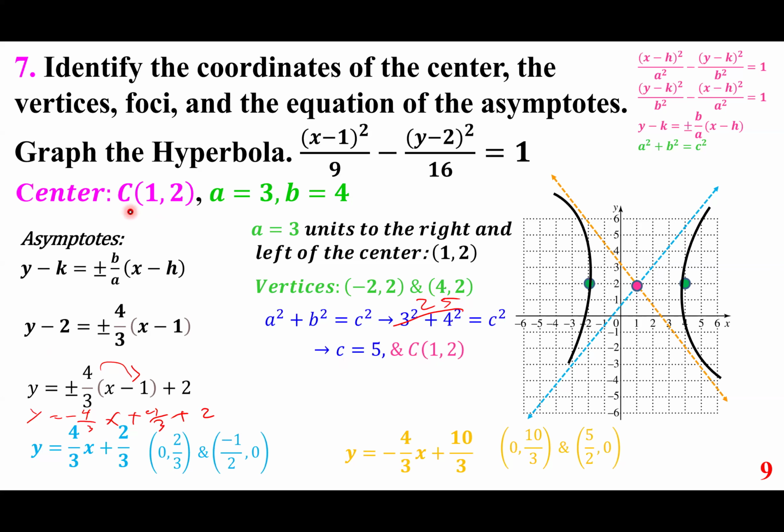So we're going to go c units, that means 5 units to the right and left. To the right, 1 plus 5 is 6. To the left, 1 minus 5 is negative 4. Those are the foci. So pretty straightforward, everybody.